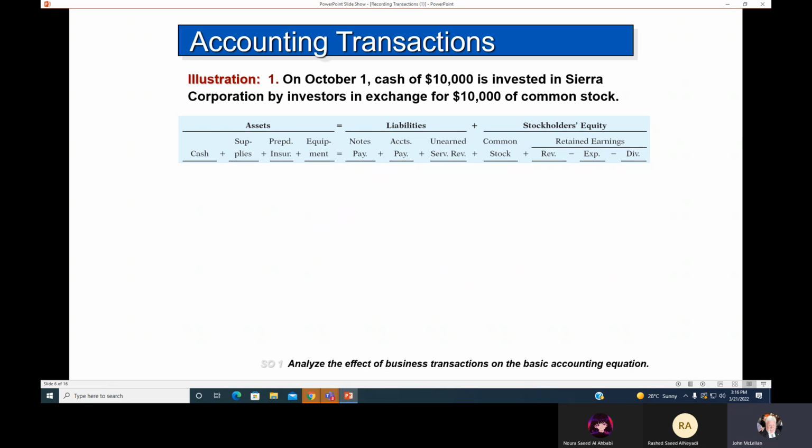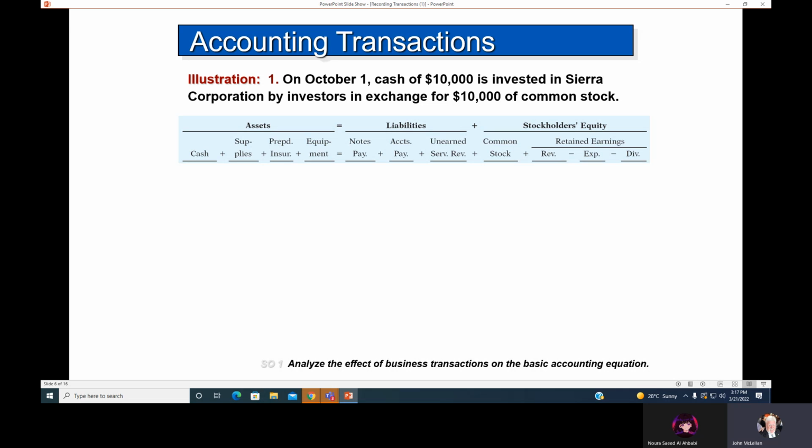So let's look at some business transactions. We're going to expand the assets and name them. The assets this company owns are cash, supplies, prepaid insurance, where you prepay your insurance for a year, plus equipment.